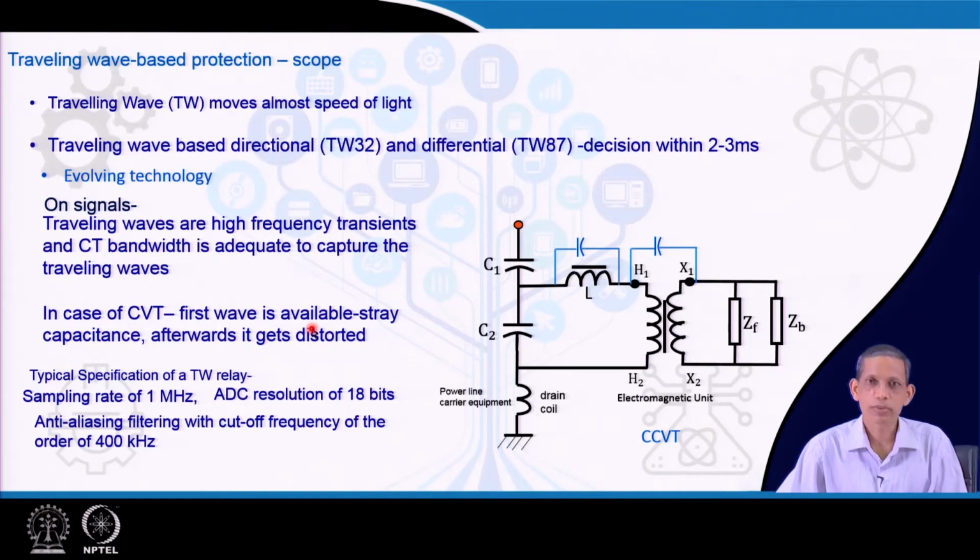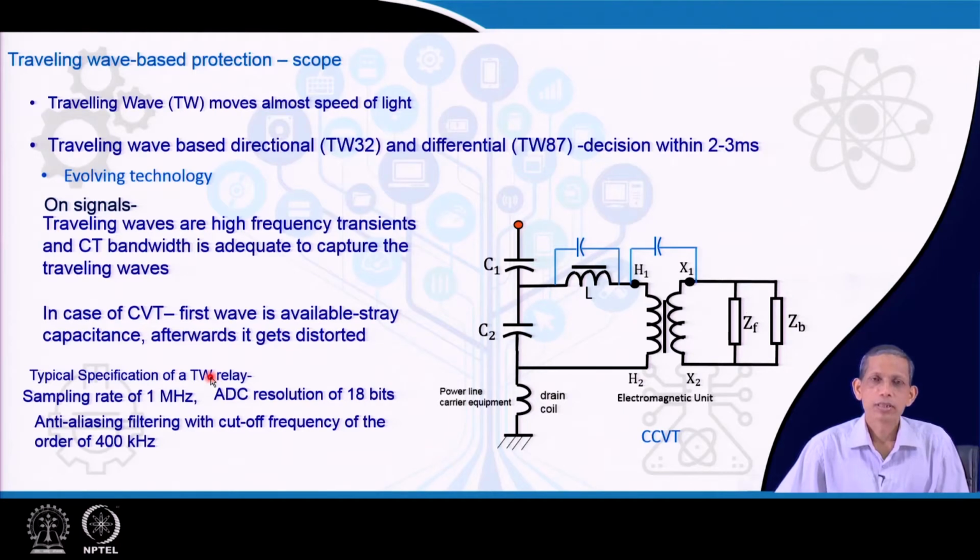However, the fast wave literature suggests a path is available because of the stray capacitance of this inductor and the corresponding transformer in the electromagnetic unit. So, this gives a scope to reach the relay site with the initial voltage transient.